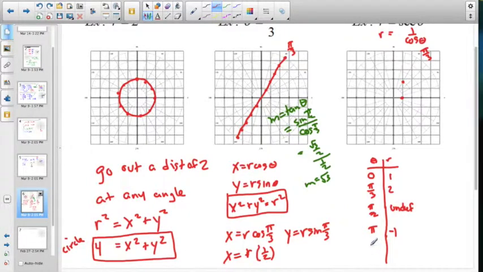And if we look at, this is pi over 3, 2 pi over 3, 3 pi over 3. Let's look at 4 pi over 3. Excuse me, not 4 pi over 3, 5 pi over 3.